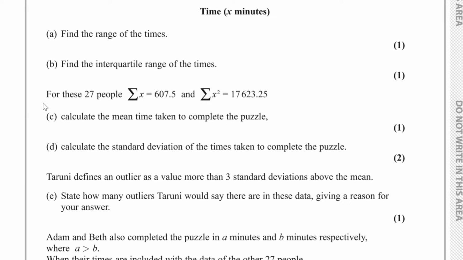For part C of the question, for these 27 people, the sum of the x's is equal to 607.5, and the sum of the x squareds is equal to 17,623.25, and we have to calculate the mean time taken to complete the puzzle. So the mean, we'll call the mean x bar, is equal to the sum of the x's divided by n.